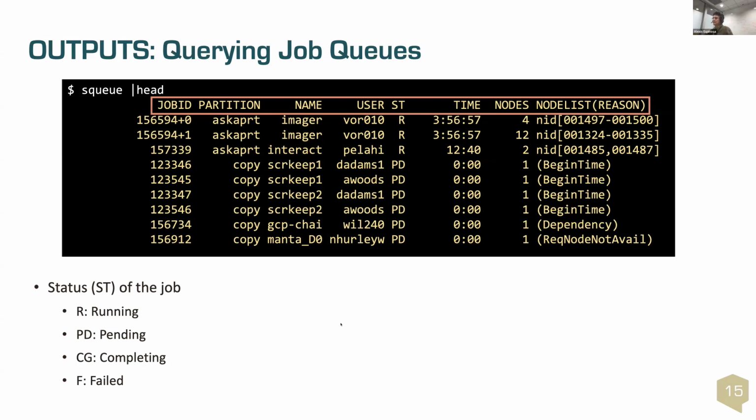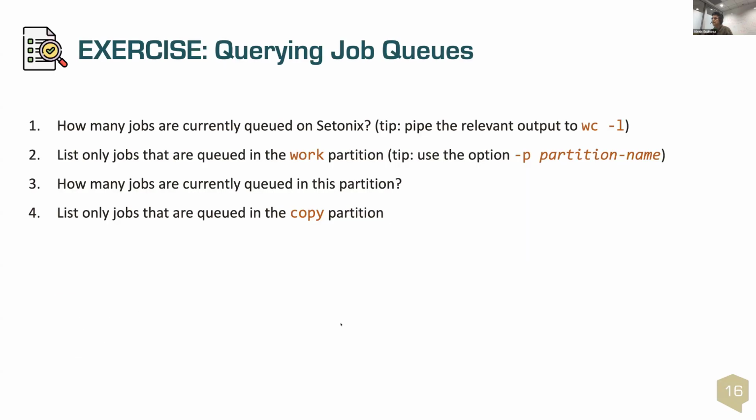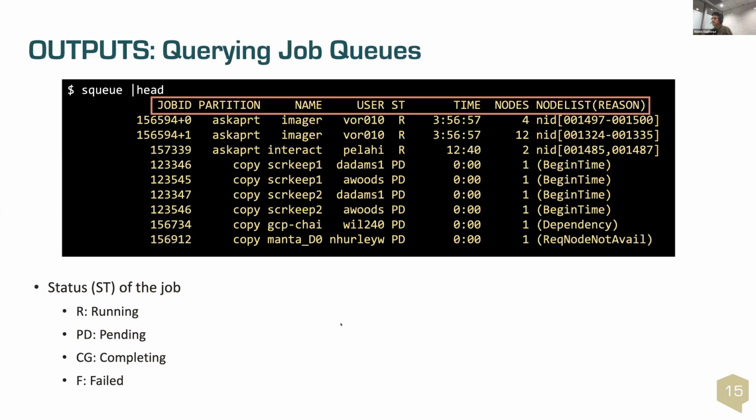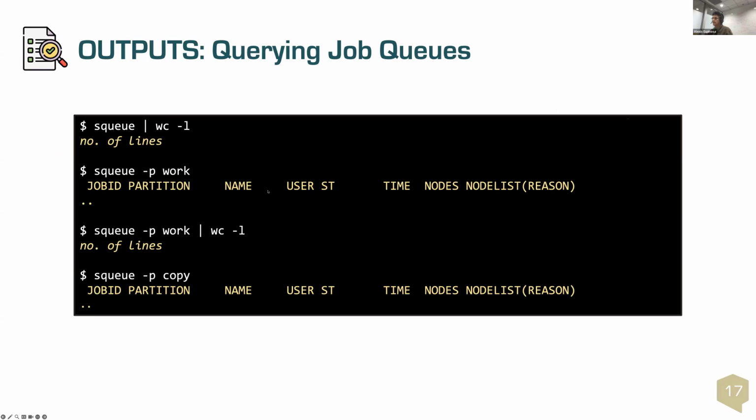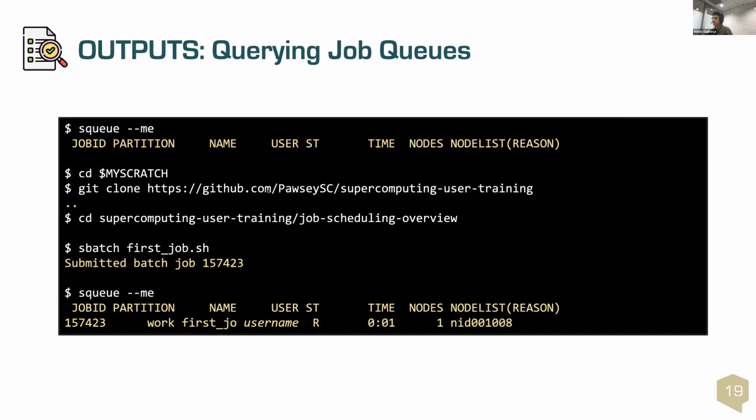So SQ head, so you can check the other jobs too. The idea is to check what is running in the different partitions and what is happening. So we are not going to do that. Basically, the more important thing of the queue is SQ for yourself. That's what you care about.